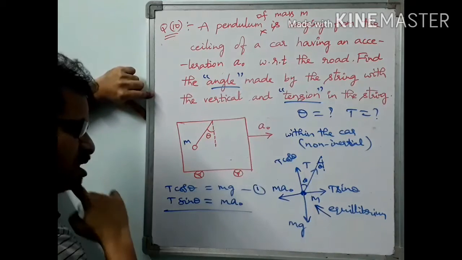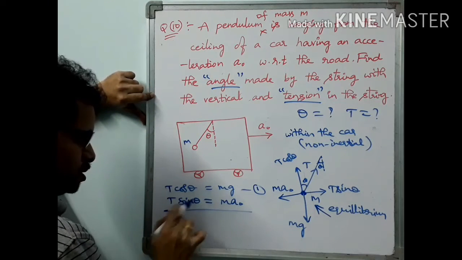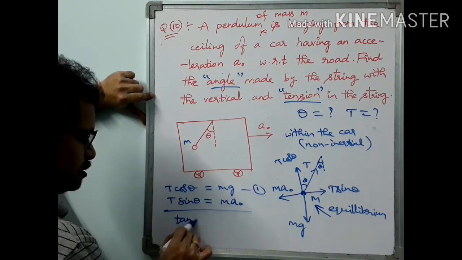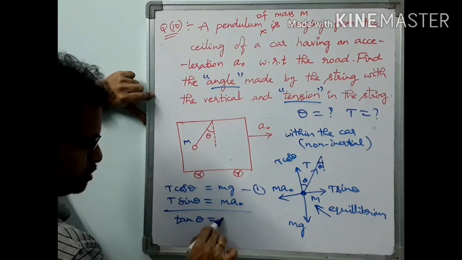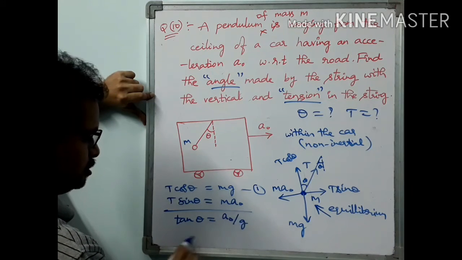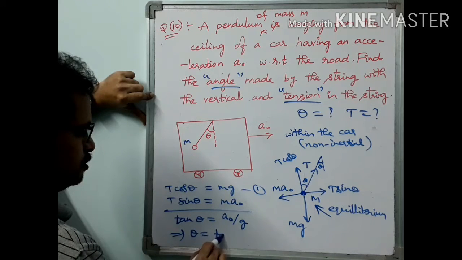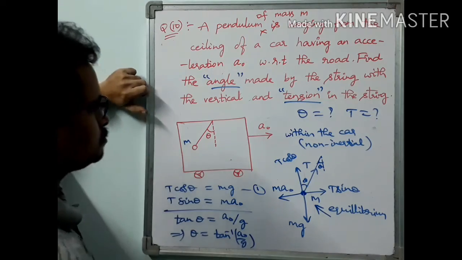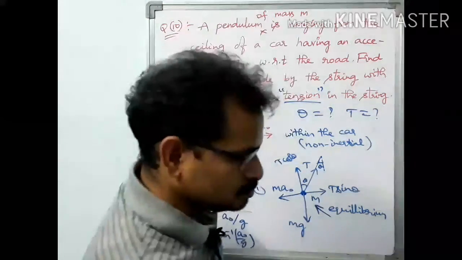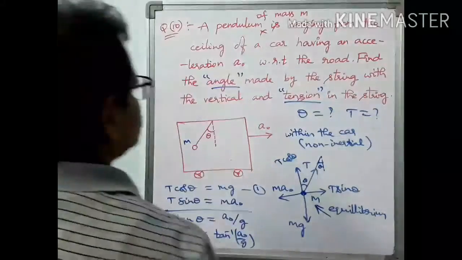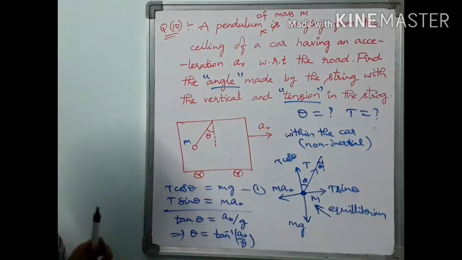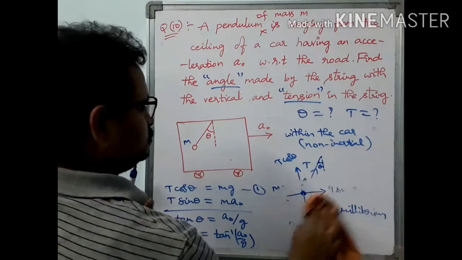First let us find theta. Dividing, tan theta equals a0 by g, that implies theta equals tan inverse a0 by g.